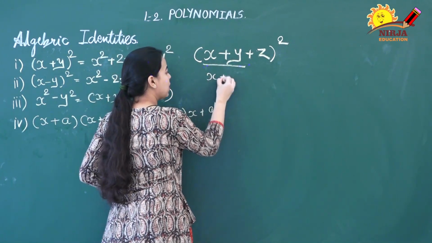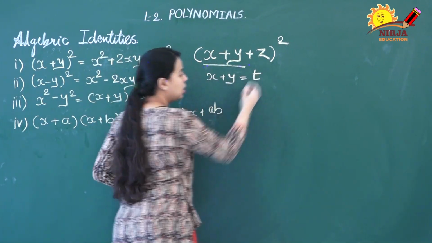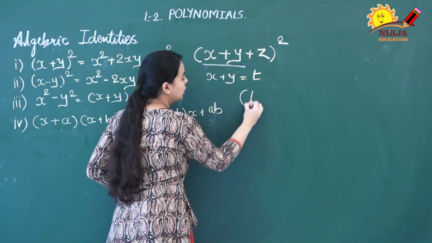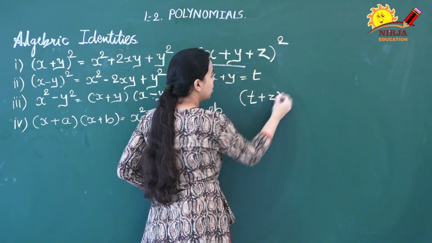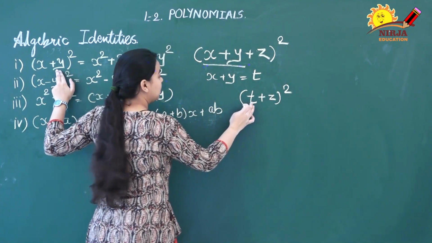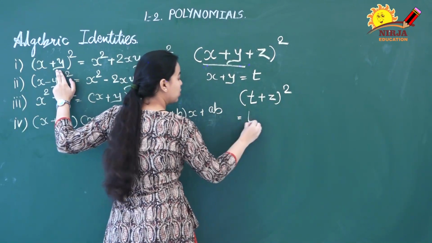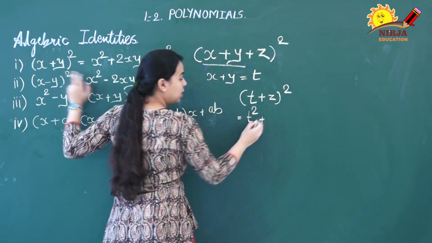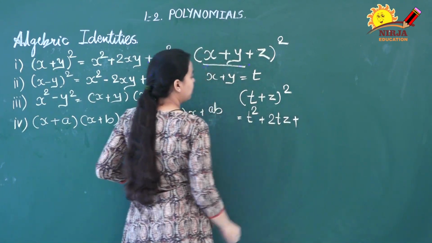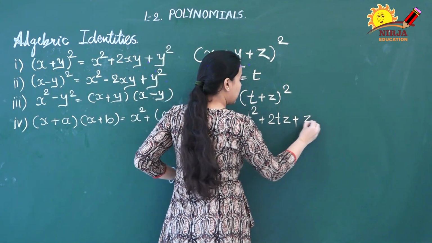Suppose x plus y is equal to t. So I am going to replace x plus y with t, then it will become (t plus z) whole square. And by using identity 1, we can write (t plus z) whole square is equal to t square plus 2tz plus z square.